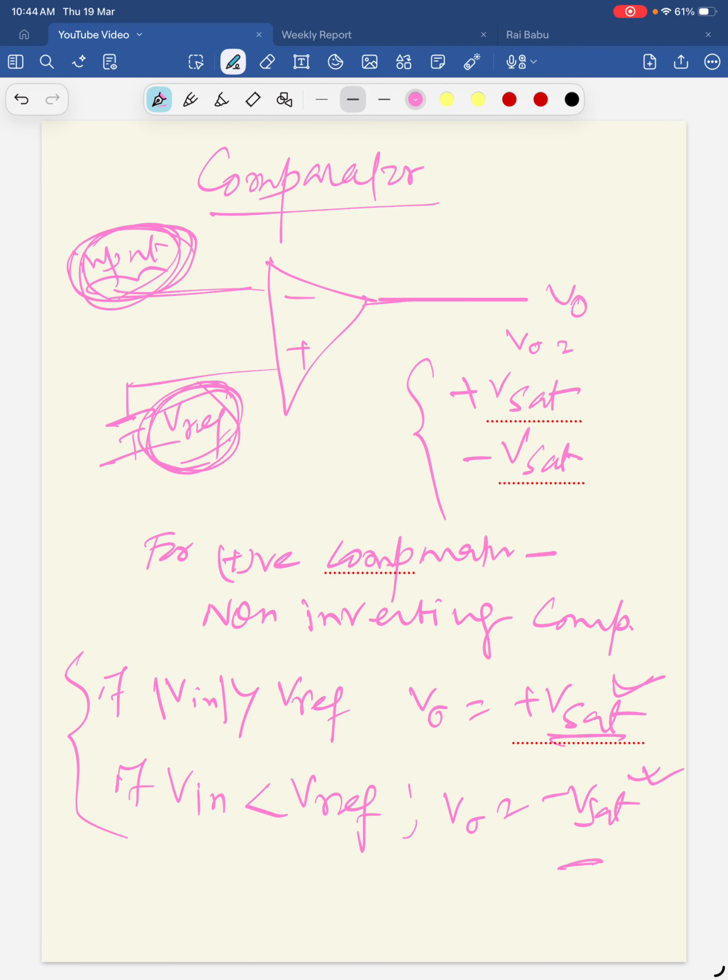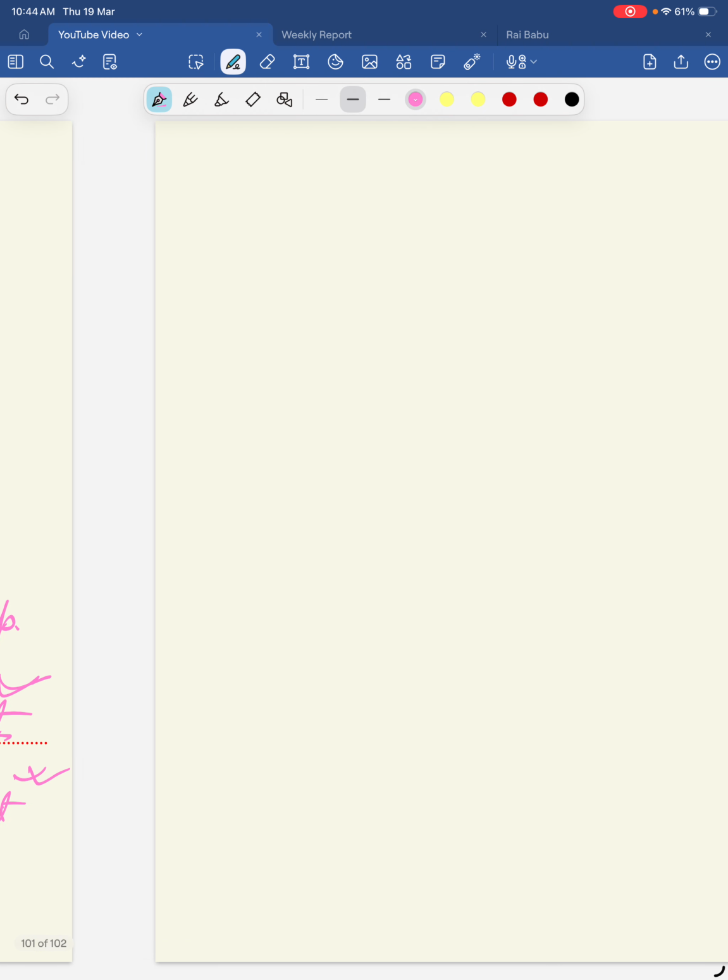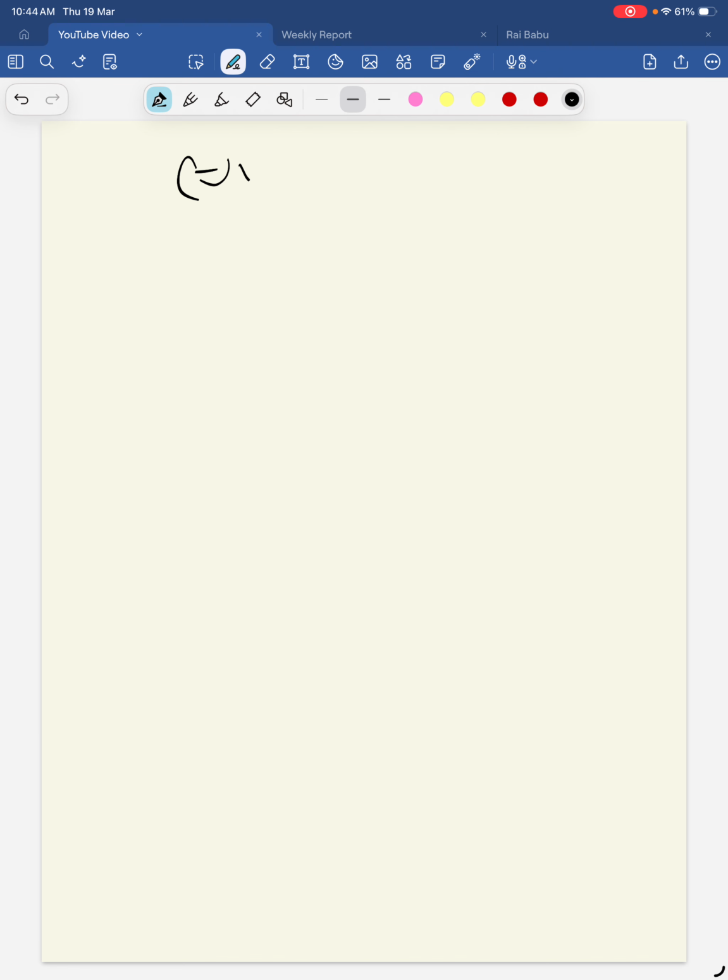For the negative comparator, or inverting comparator, what is the output level?